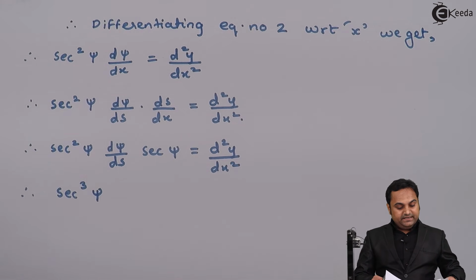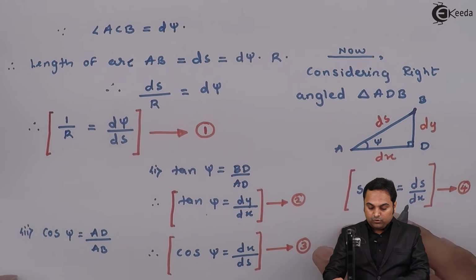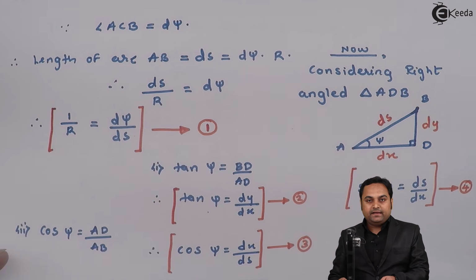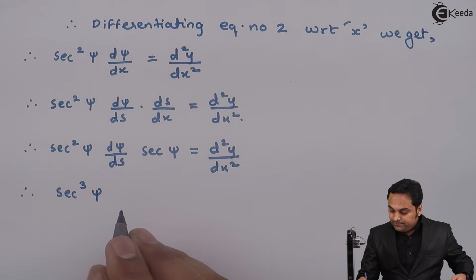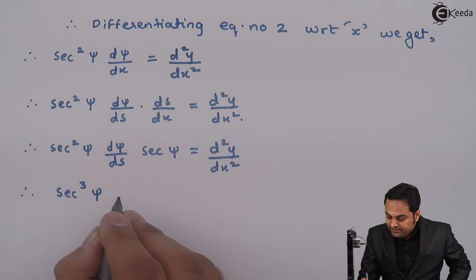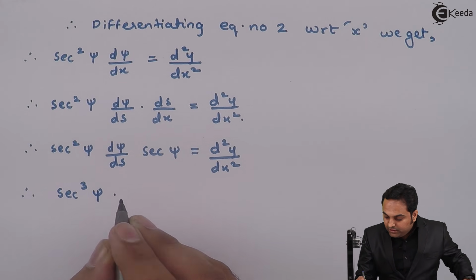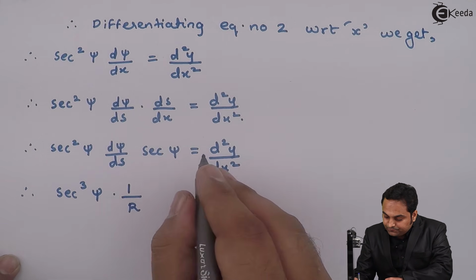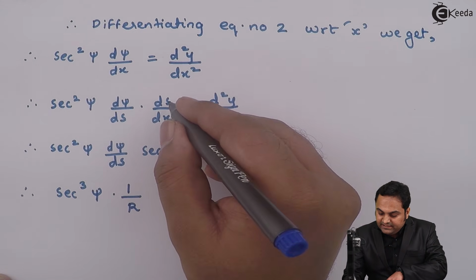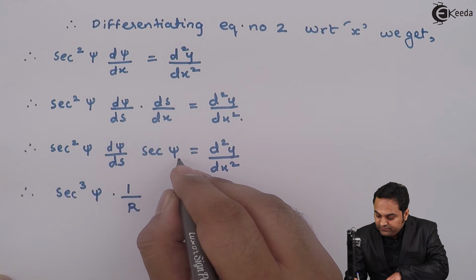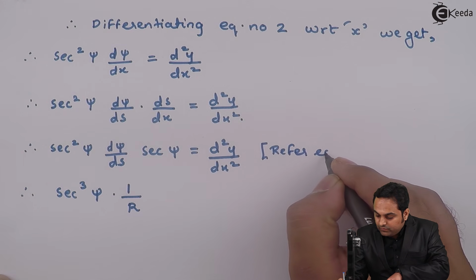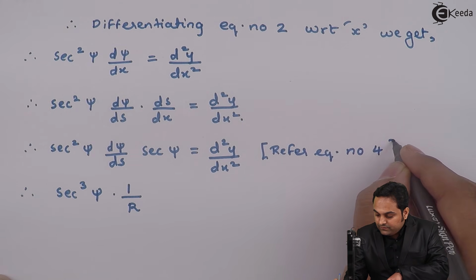So d psi by ds, from equation number 1, I can replace with 1 by capital R. So here I am replacing d psi by ds by 1 upon capital R, and previously where I had written ds by dx is equal to sec psi, here I can write, refer equation number 4.